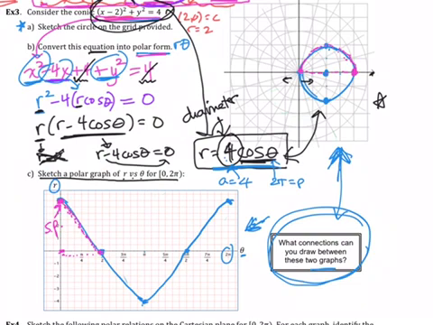So this section right here of the graph is this section of my circle. I notice that I started here, this is my starting point, and I rotated counterclockwise. And that's the equivalent here on that graph. Now the next part of the graph, from pi over 2 to pi, all of these r values are negative.